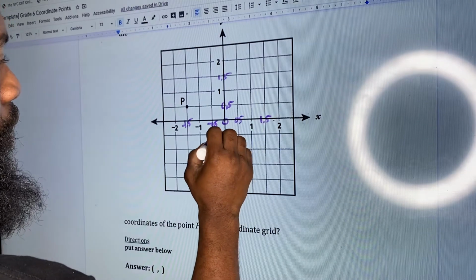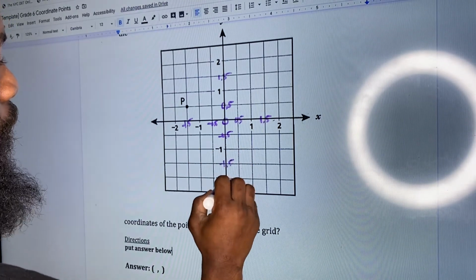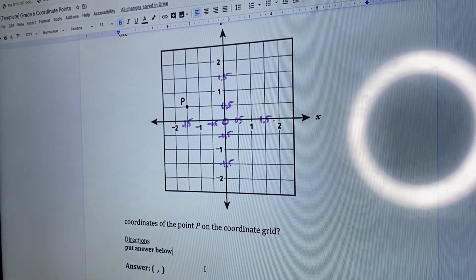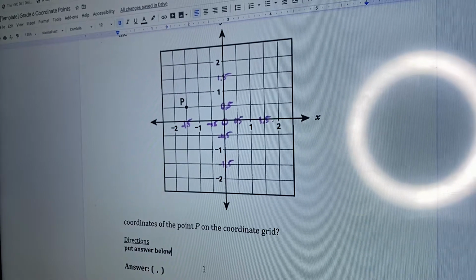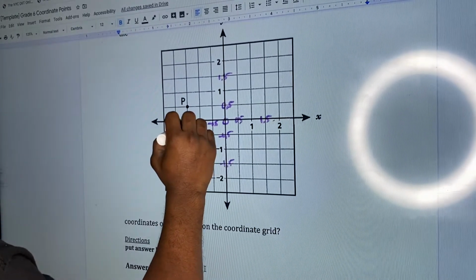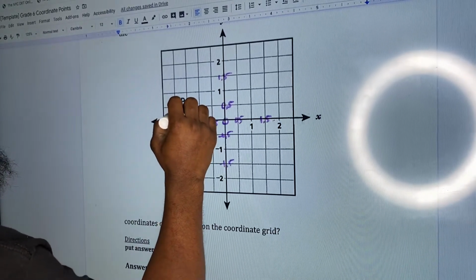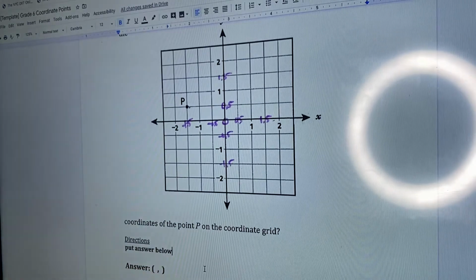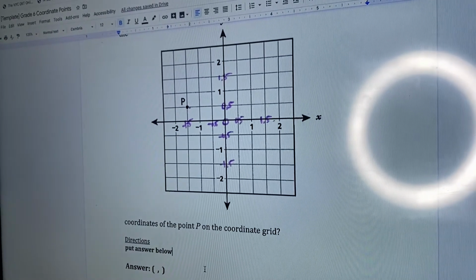Here, -0.5, -1, -1.5, -2. So here you already have the coordinates. Now you just have to figure out what the X-axis is, right? And then what the Y-axis is. Whatever this number is to whatever this number is, and then you put it below in this answer here. And that's all I'm giving you for this question.